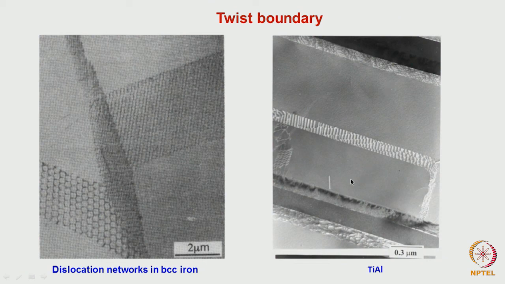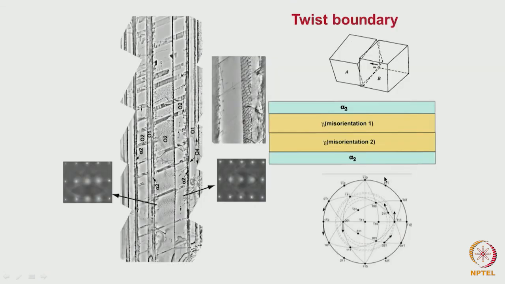The C axes of both are perpendicular to each other, and the c/a ratio is not equal to 1, so a slight mismatch is there. Because of that, a twist boundary is created at the interface. You can see one type of dislocation and another type of dislocation, correct? This is another case of a twist boundary.